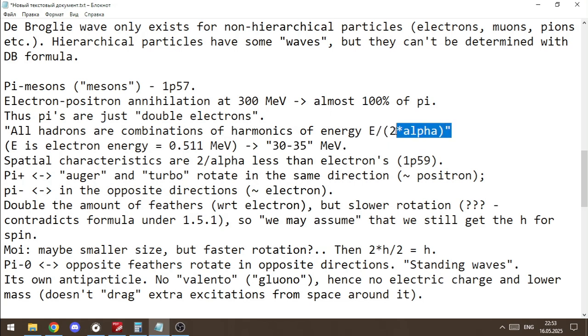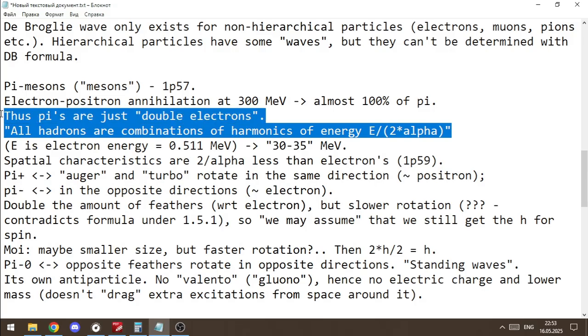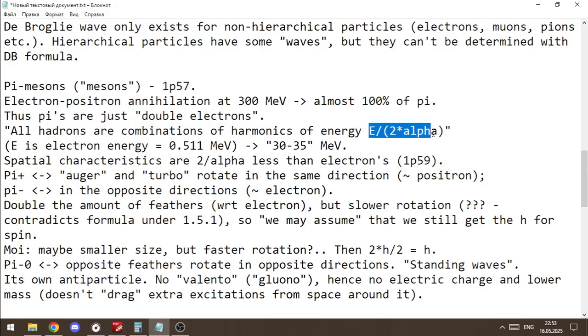But it's only when it's in hadronic sector, right? For electron itself, this feather wouldn't have this energy, obviously. It would be just half of the electron's energy without alpha. But when we're getting to pions, it's times alpha. And when we're dividing by alpha, actually, we're multiplying by 137, right? So that's why a pion is much heavier than electron.